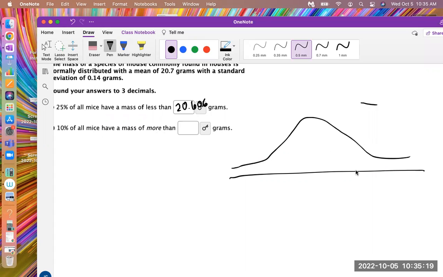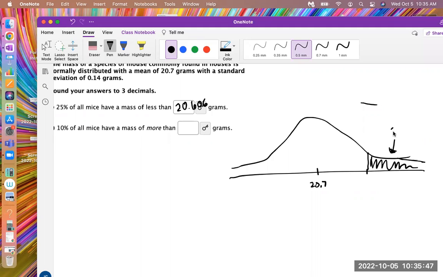So this one's going to be the other side. The middle of the distribution is 20.7, and only 10% of mice have a mass more than this particular value. So it's going to be on the right here, because only 10% of the area under the curve is more. More than would be to the right.